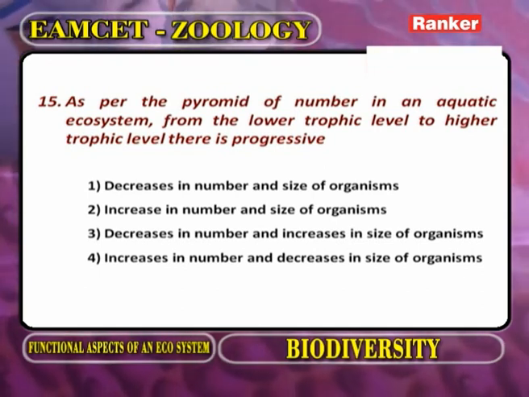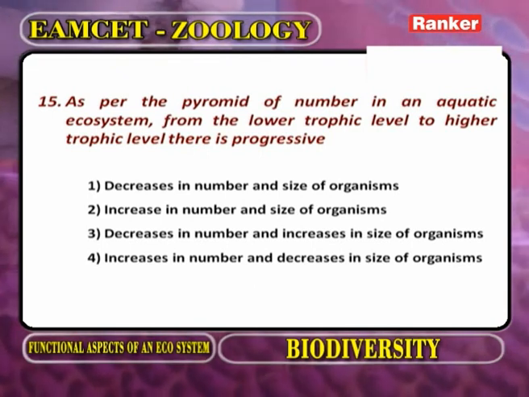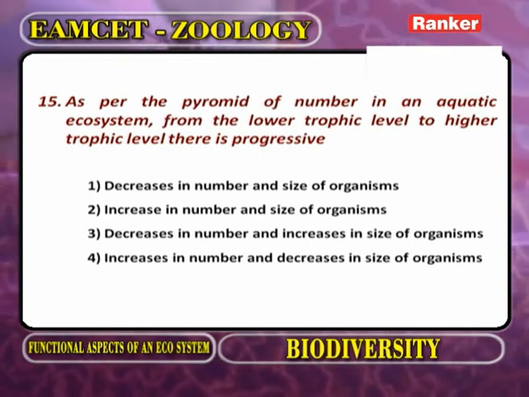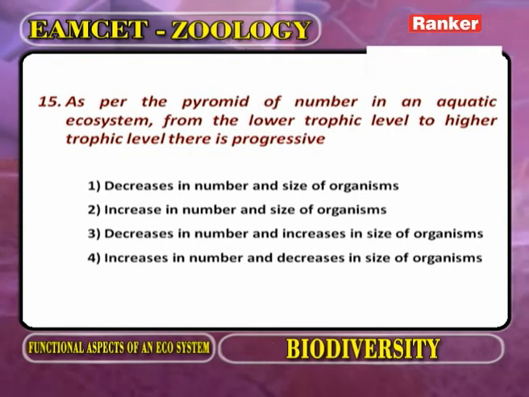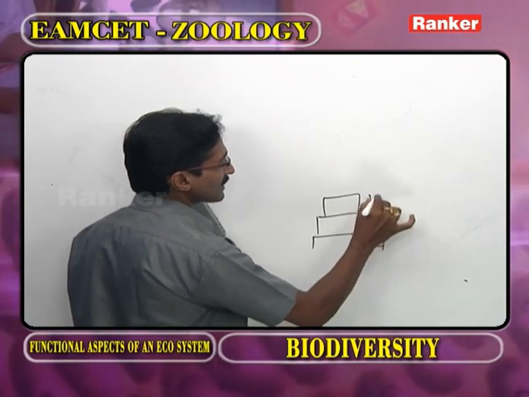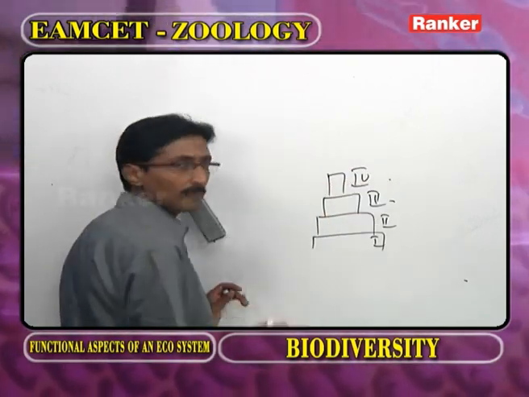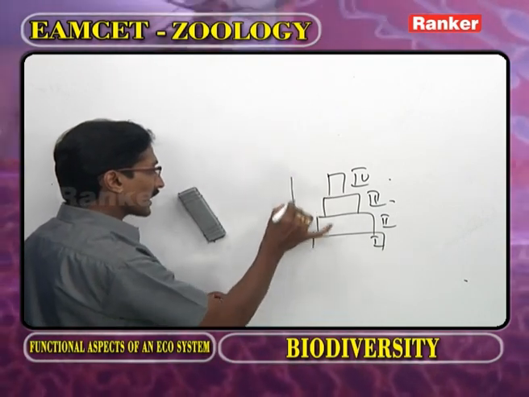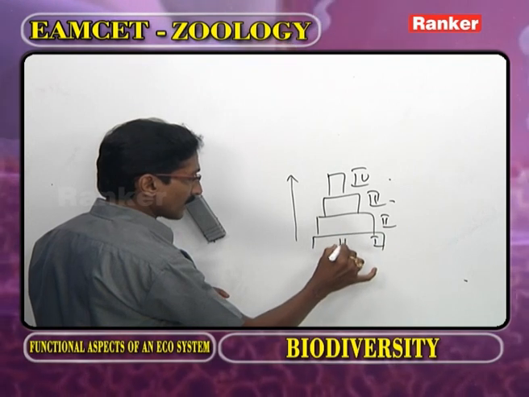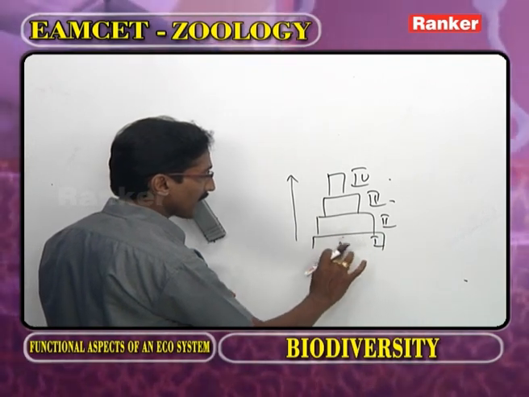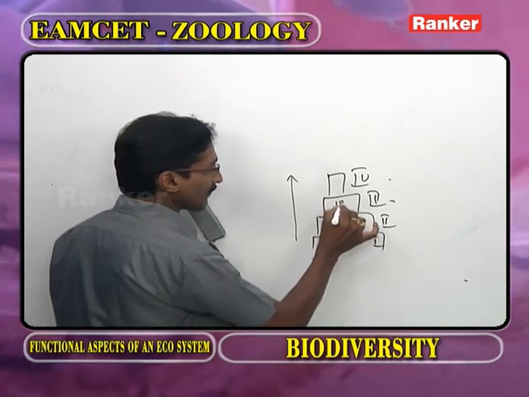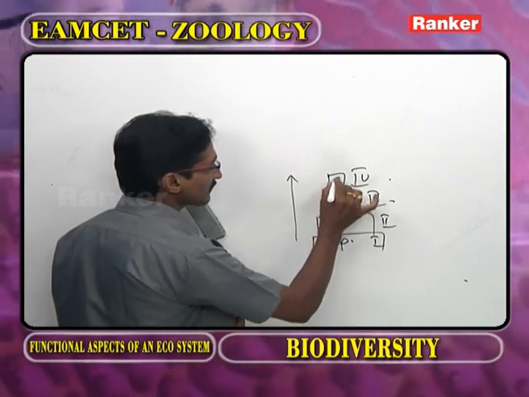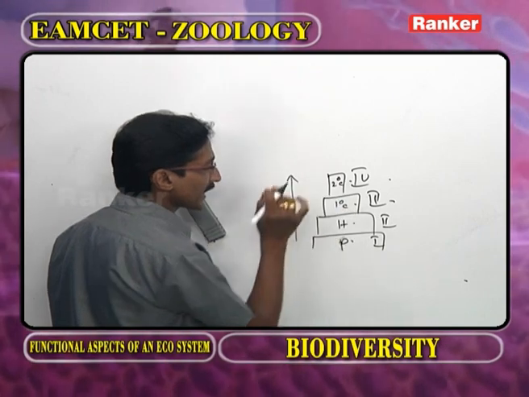As per the pyramid of numbers in an ecosystem, from lower trophic level to higher trophic level, as we observe, this is the first trophic level, this is the second, this is the third, and this is the fourth trophic level. The first trophic level is occupied by the producers, the second by herbivores, the third by primary carnivores, and the fourth by secondary carnivores.